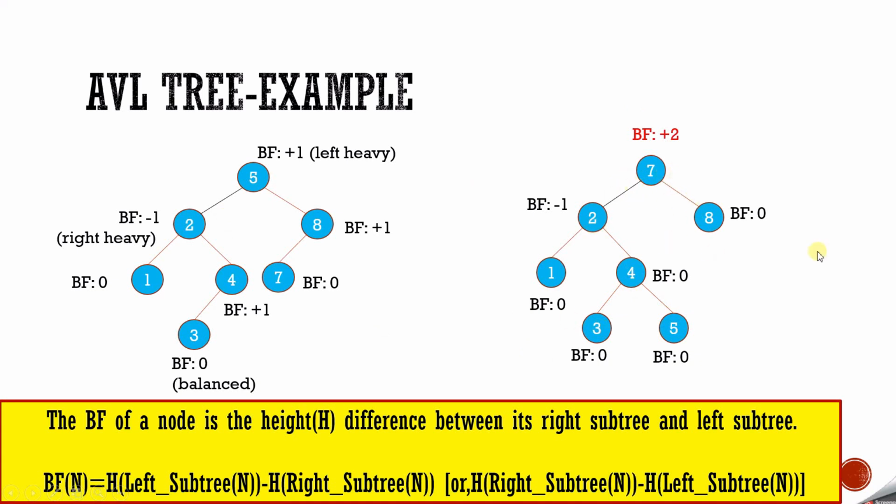So 3 minus 1 is +2. So the balancing factor of 7 is neither +1, 0 nor -1. That's why the tree is not an AVL tree. That means somewhere from this node it is not maintaining balance.